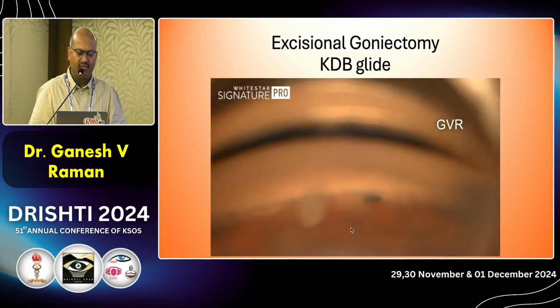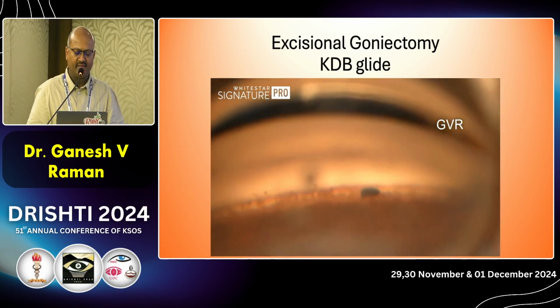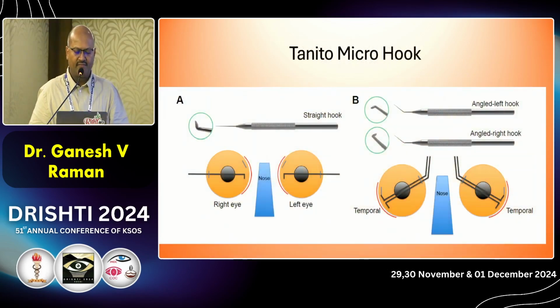So you can take the blade and cut on either side. I'll come to the next one, which is the Tanito microhook. Like I mentioned, this is reusable, and the logic is the same as the dual blade. You can incise 120 degrees of the trabecular meshwork on the nasal part. You have 3 instruments: one is straight and 2 are angled.